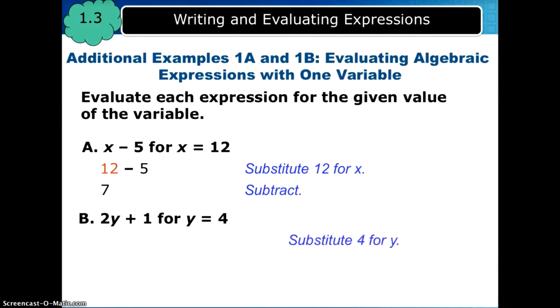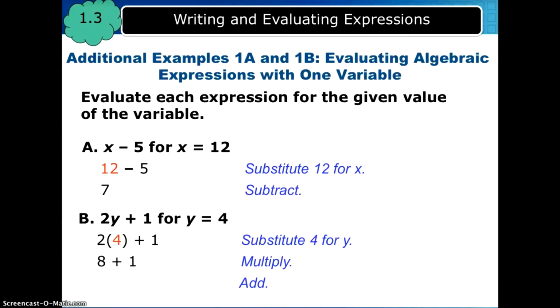In B, we're going to substitute 4 in for y. So we're going to have 2 times 4 plus 1. Order of operations tells us to multiply 2 times 4 first to get 8, and then we add the 1 to get 9, excuse me.